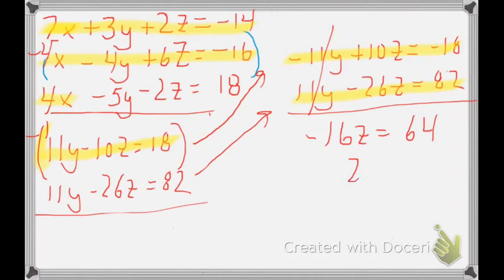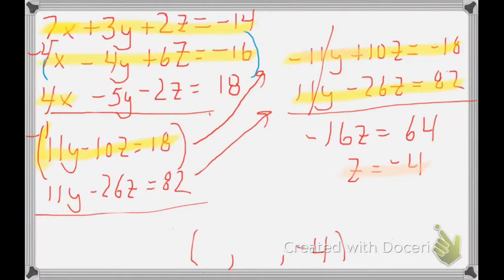If I divide both sides by negative 16, I get z is equal to negative 4. Let's go down here at the bottom. Our ordered triple is going to be z equals negative 4. Since I know z is equal to negative 4, I'm going to substitute it back into either one of these two equations.